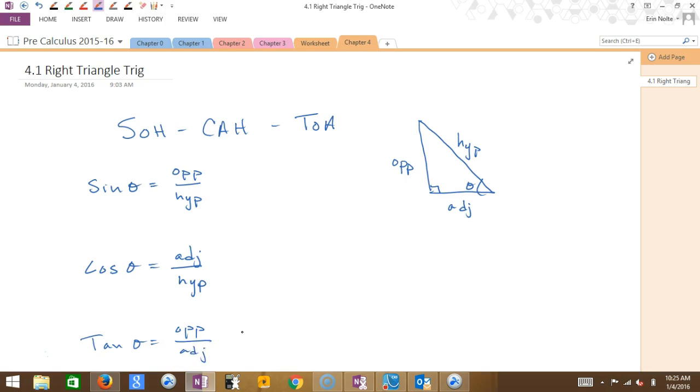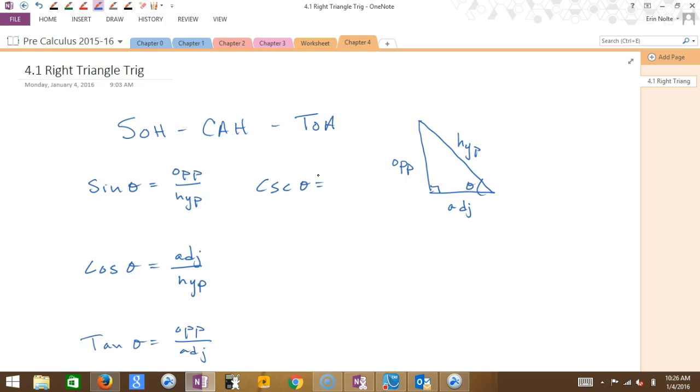Okay, well, there actually happens to be three other trig functions, the reciprocals of all three of those. Does anybody know what the reciprocal of the sine function is? Okay, so it goes like this. It's cosecant, the reciprocal.